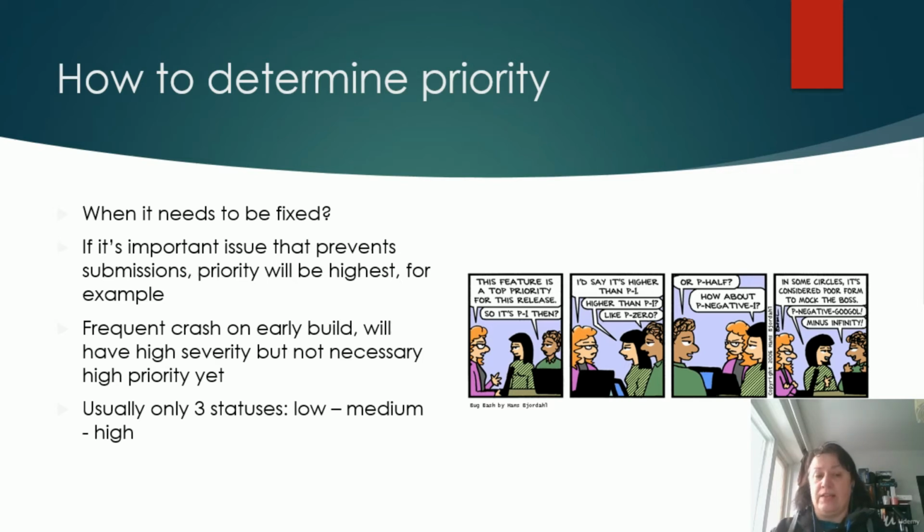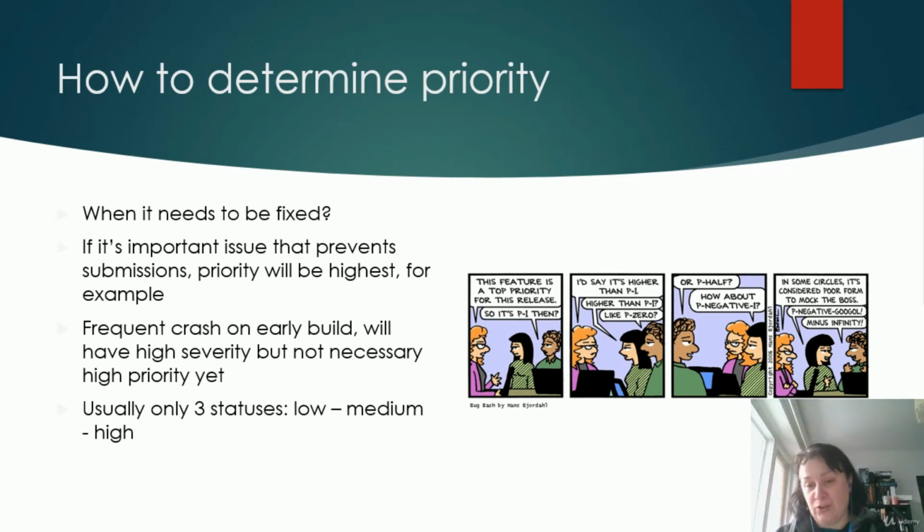For example, frequent crashes on an early build will have high severity because, of course, there's obviously something seriously wrong. We have lots of crashes, but it will not have high priority yet. But the closer we are getting to that launch, the priority is going to get higher and higher. And here, generally, there are 3 to 4 statuses: low, medium, high. And again, this is not by all means the only terminology you can use.